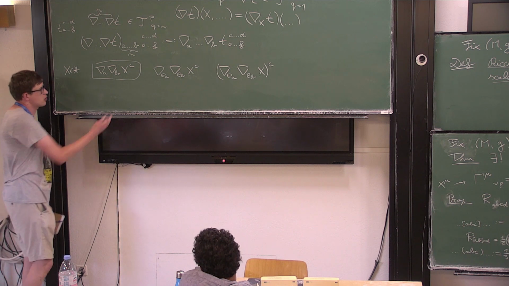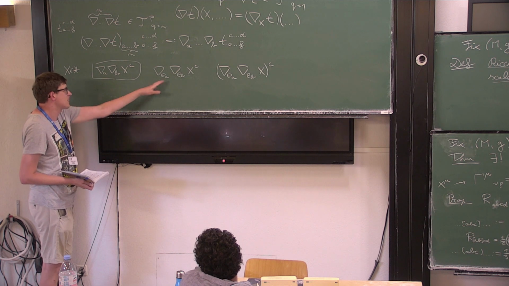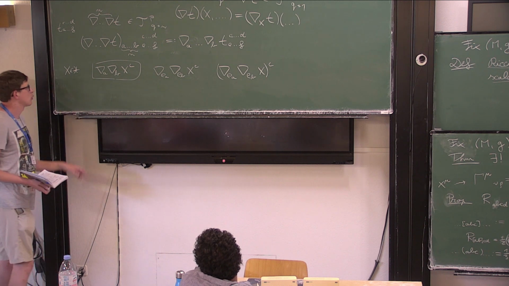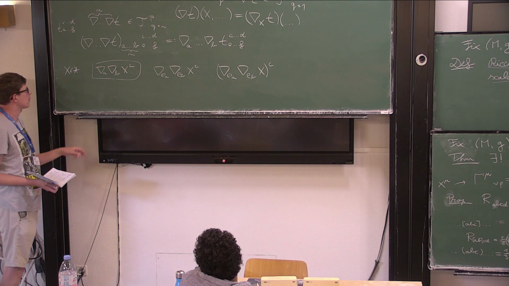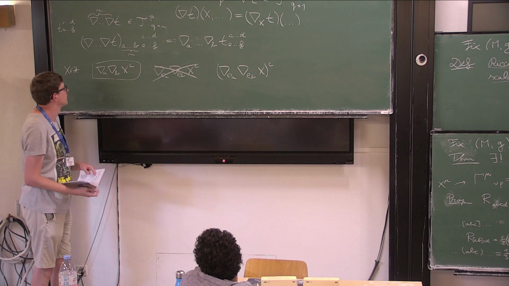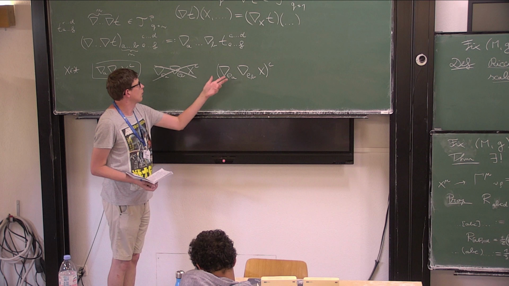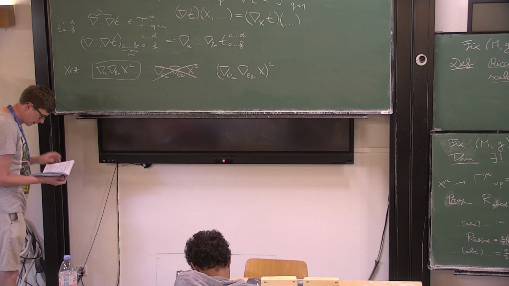Just formally following the logic, these things are really different, and you typically definitely don't want expressions like this. But these two are nice, and this one is especially nice because it's components of a tensor.